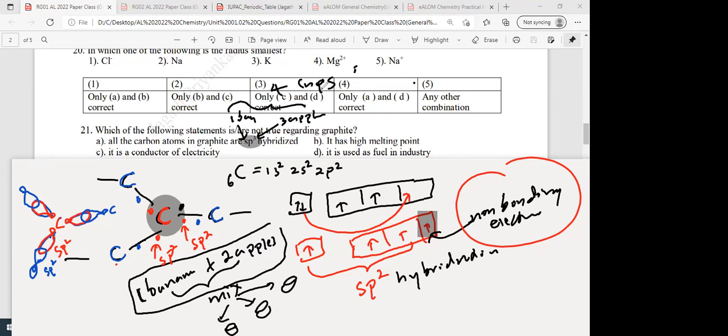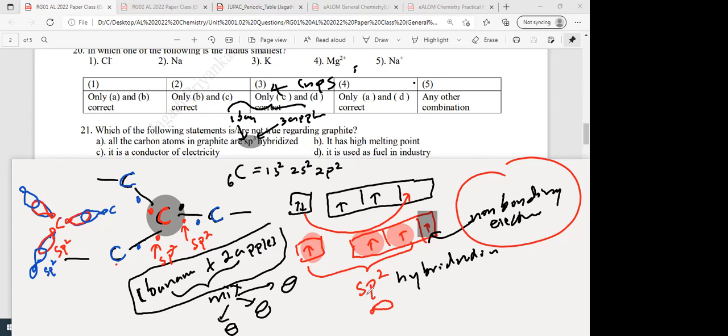That means there must be 4 bonds around that. Is that clear? Now here only 3 cups mix. If 3 orbitals are mixed, you get 3 hybridized orbitals. The name of the orbital is sp2.